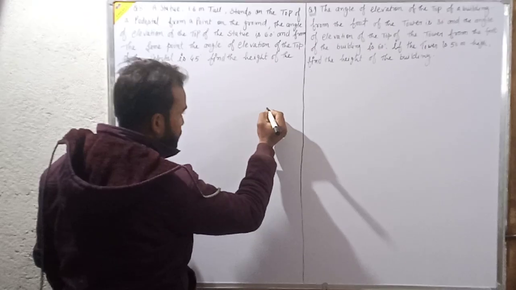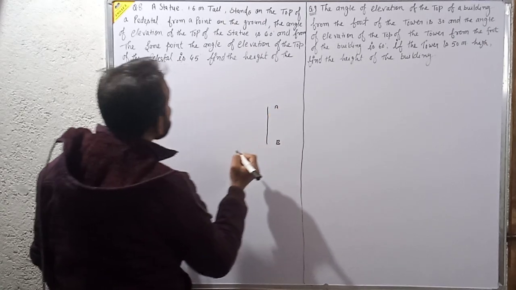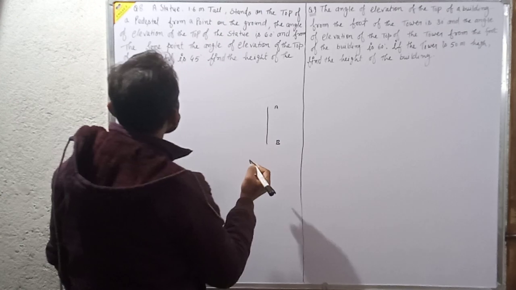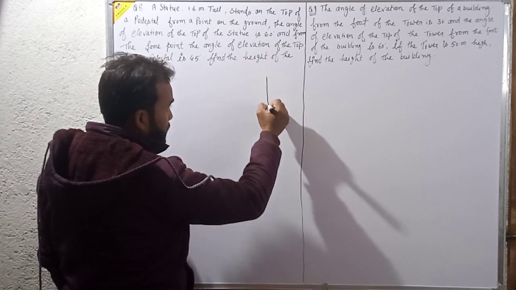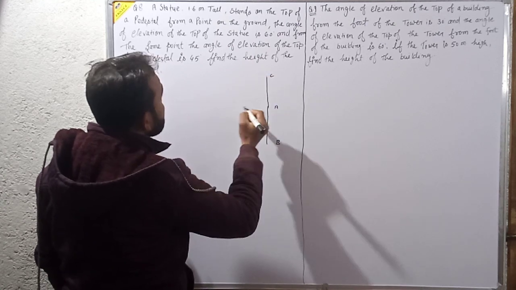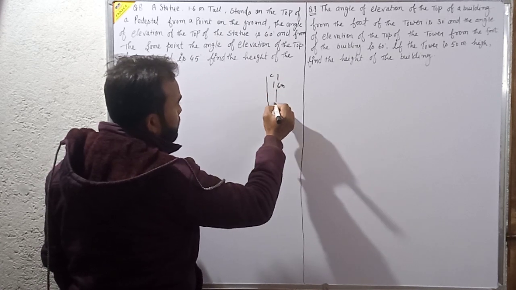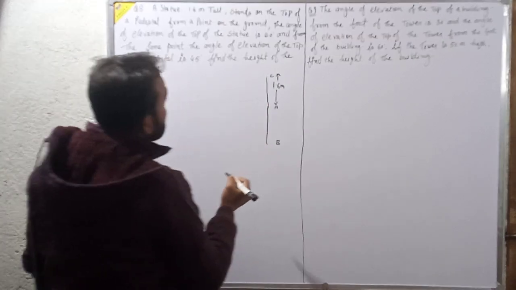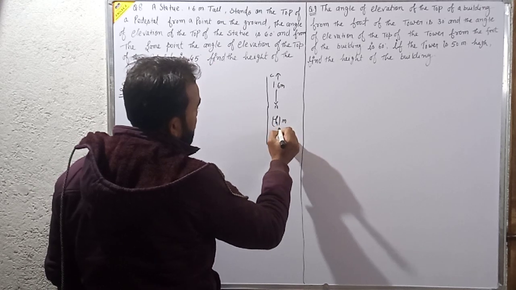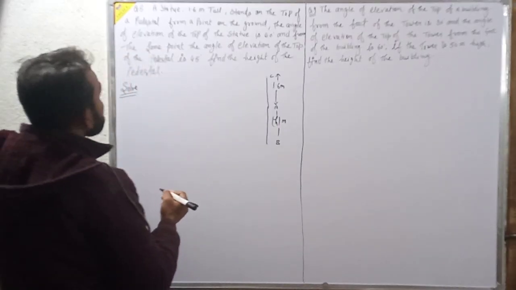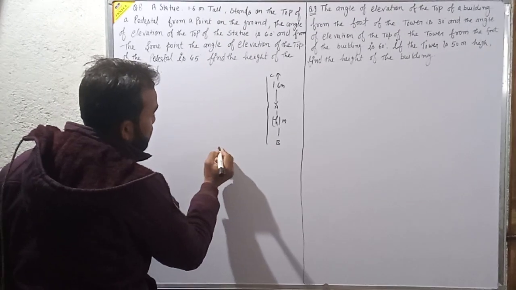Let me suppose AB is the pedestal and AC is the statue, which is 1.6 meter tall. Now the height of the pedestal is H meter, and there is a point on the ground.